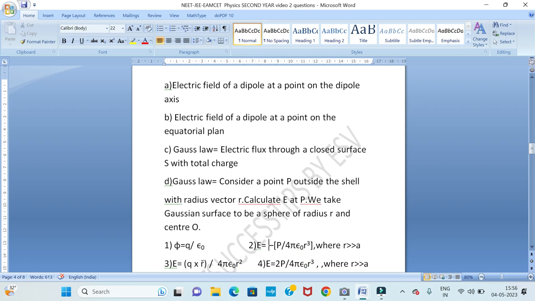Next, Gauss law. Electric flux through a closed surface S with total charge. Consider a point outside the shell, radius vector r, and calculate E at P. We take the Gaussian surface to be a sphere of radius R and center O. So what is the answer then?